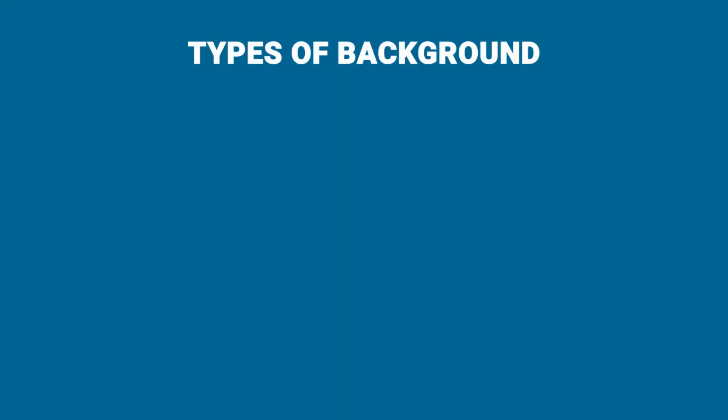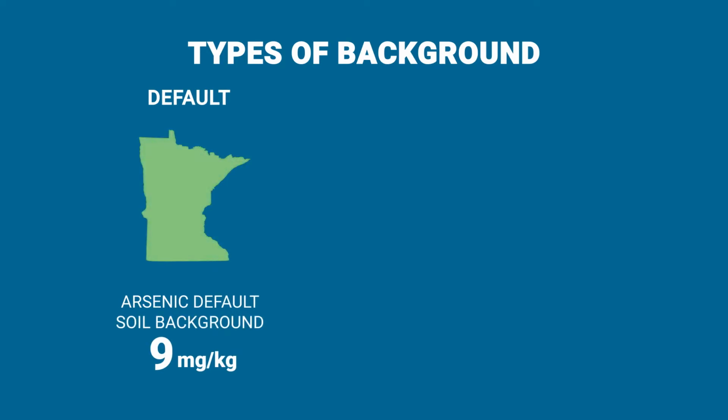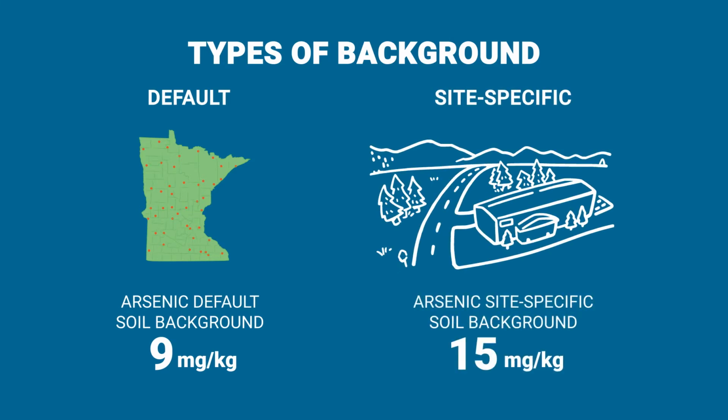Because default background is intended to be used for a large number of sites in a large geographical area, it is generally established to be more conservative. Site-specific background is considered more accurate because it uses information specific to one or a few sites which has a more limited geographical area.